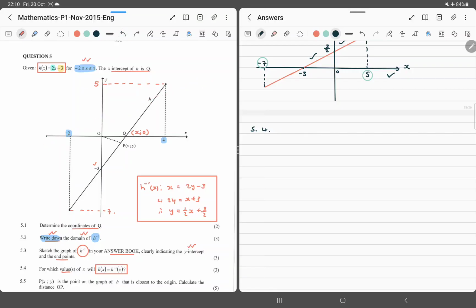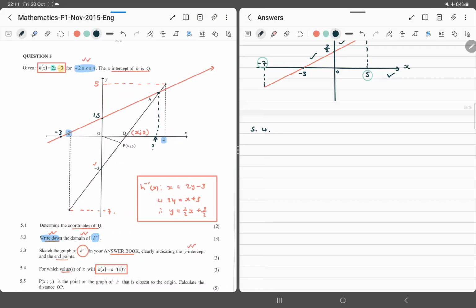Maybe let's try and elevate it a bit more. So if the inverse looks something like that, assuming that here we've got a minus 3, and then we've got a 1,5 or 3 over 2. So we are looking for this point of intersection. What is it on the x-axis? Okay, so we are looking for that value.